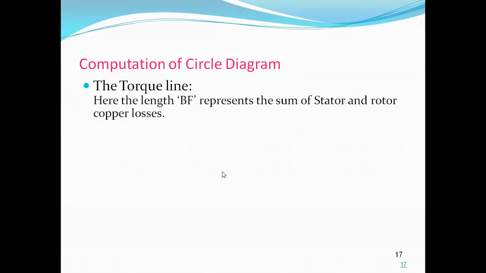So the length Bf represents the sum of stator and rotor losses.